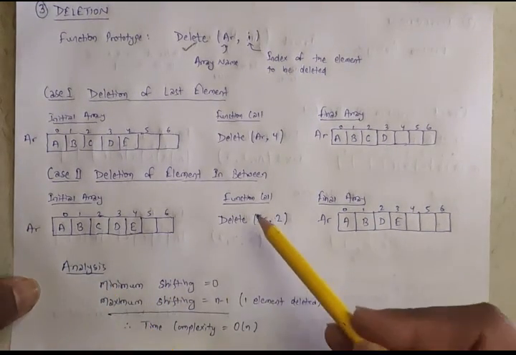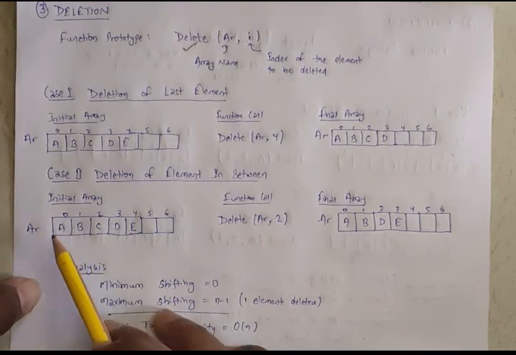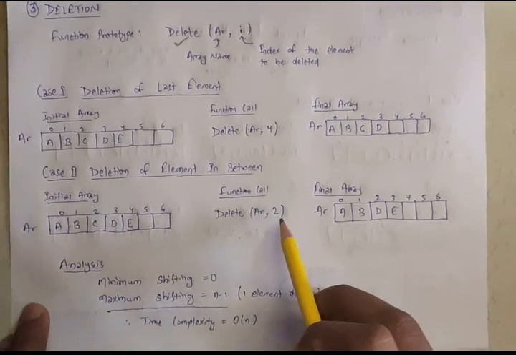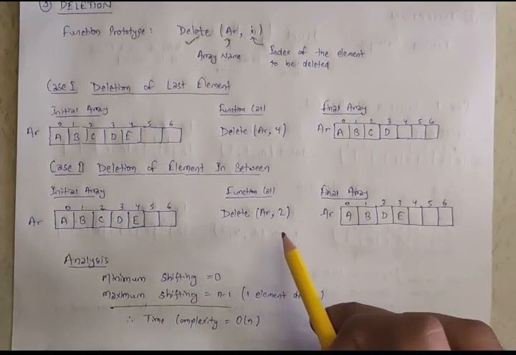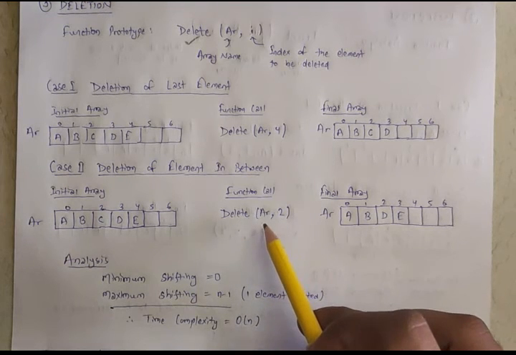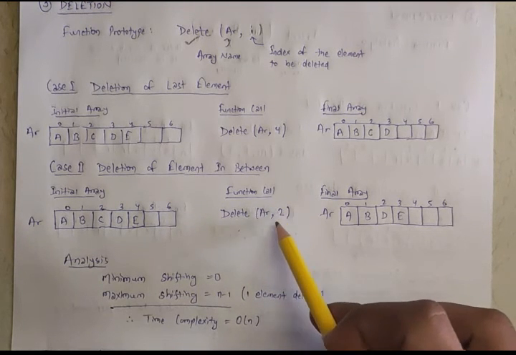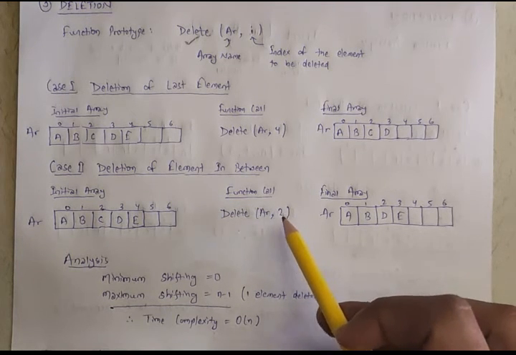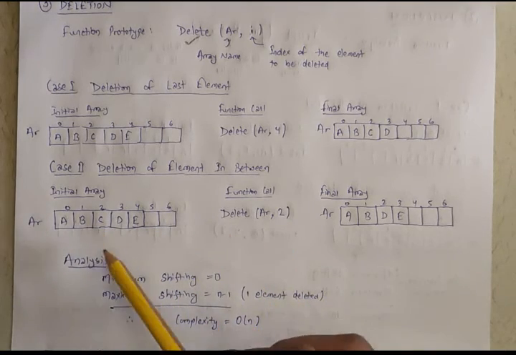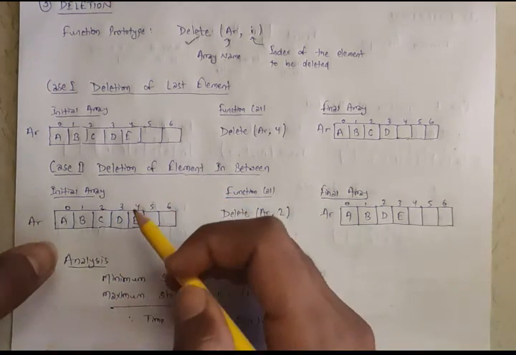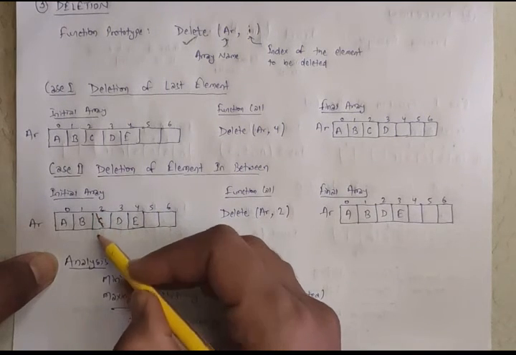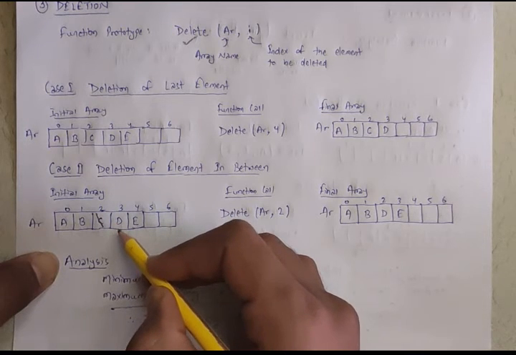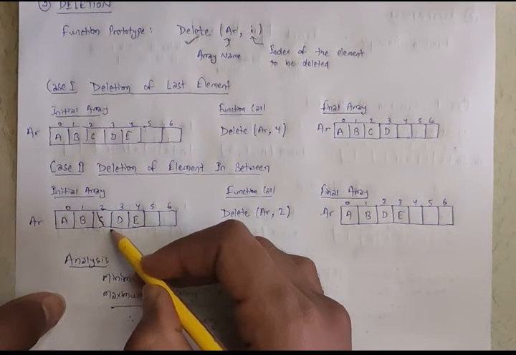So let's suppose this is the initial array, elements stored from A to E, and we call the function delete AR, 2, sorry. So we want to delete the element which is stored at the second index, which is C. So what we have to do, if I delete C, there would be a vacant space over here, so we need to fill that with the elements which are next to it.